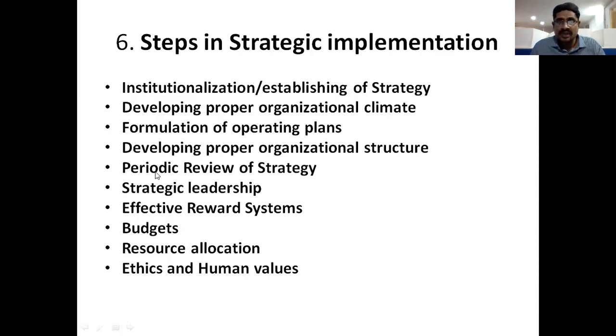Periodic reports means one-month reports, or twice-a-month reports, weekly reports, three-month reports, six-month reports, or maybe one-year reports, whatever the planning is. Periodic reviews of the implementation of strategies and their performance, right?